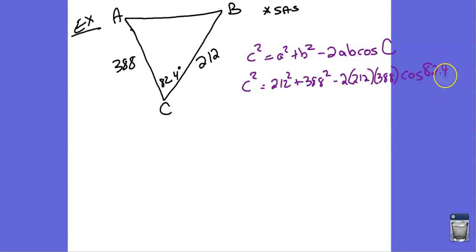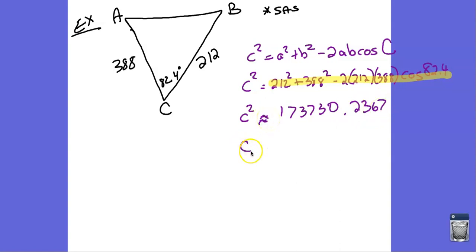So notice everything on this side of the equation we actually know. So that's just a matter of plugging that in to get some wonderful big answer. So we're going to get 173730.2367 approximately. And we're going to take the square root.